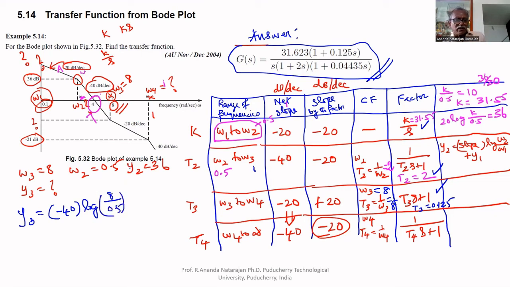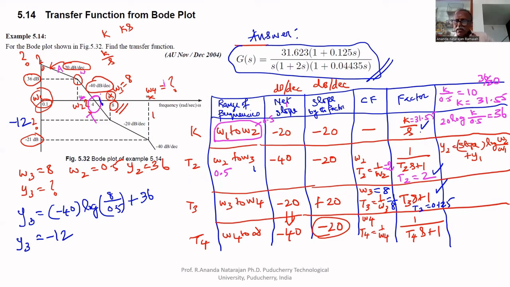So 8 divided by 0.5, plus there the value is 36. If you use this, what do we get? y3 equal to minus 12. Now we know y3. y3 equal to minus 12.